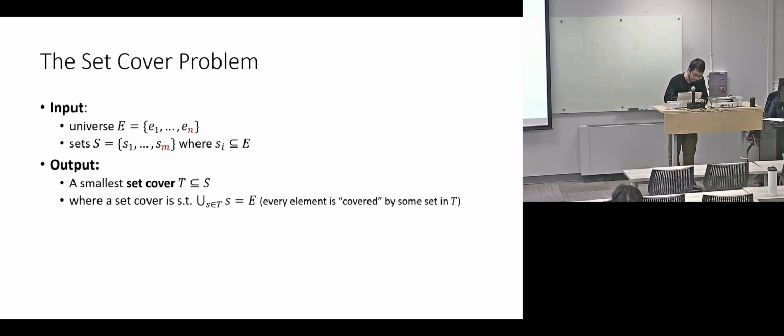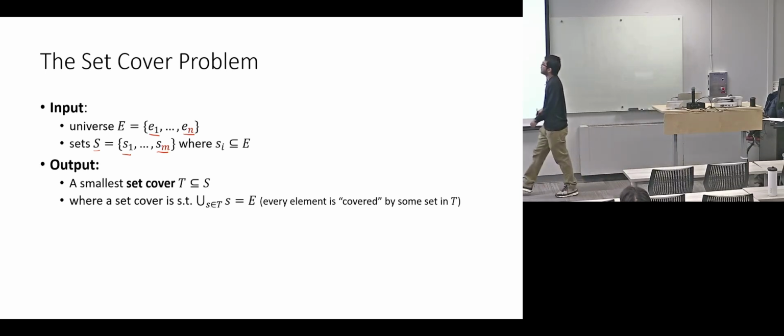This is like the buildings in Ann Arbor, element 1 up to element n. And then there are sets. These are the possible places that you can place a fire station. Each set Si is basically a subset of E. So Si basically indicates which buildings this fire station can cover.